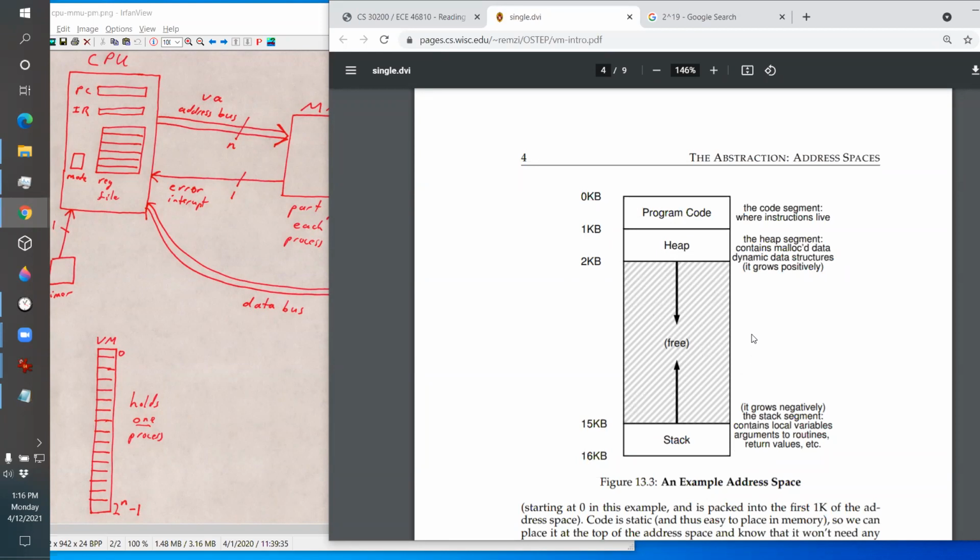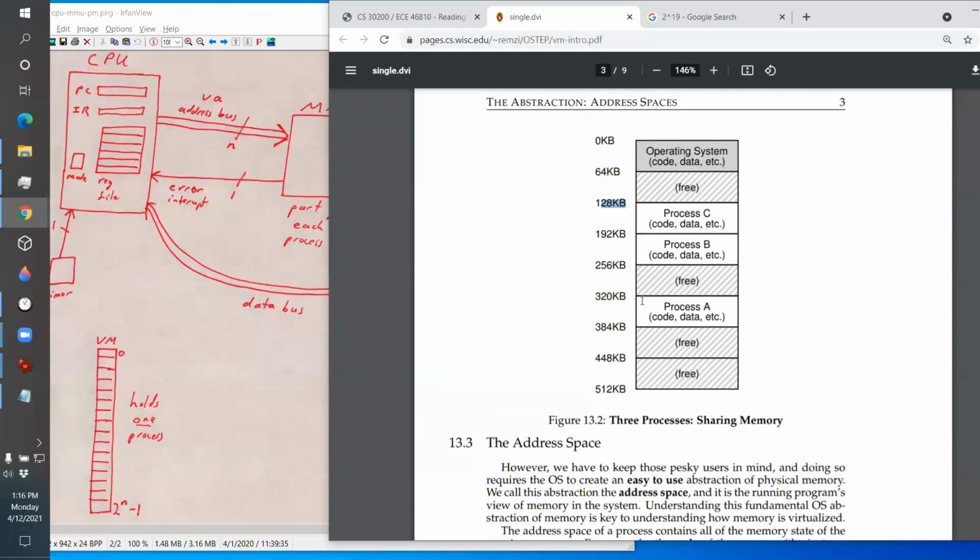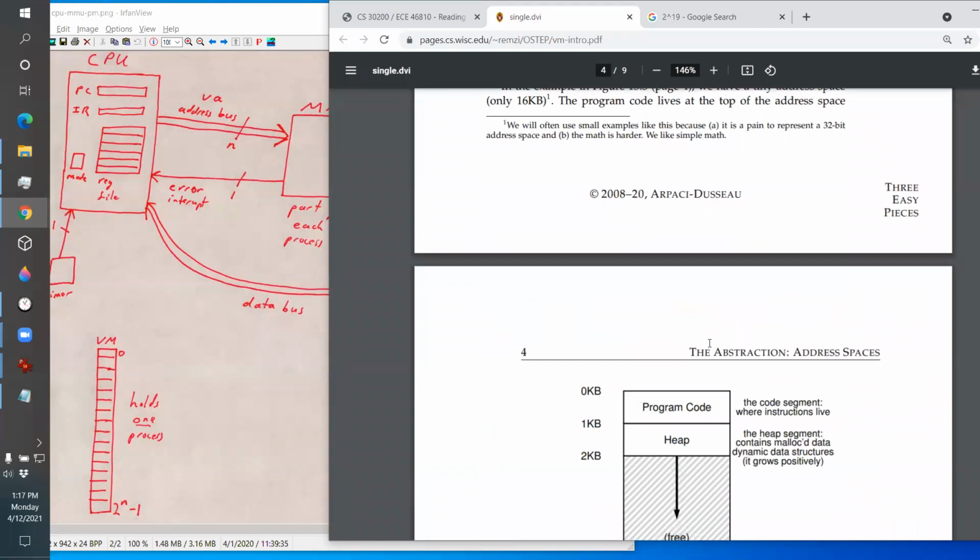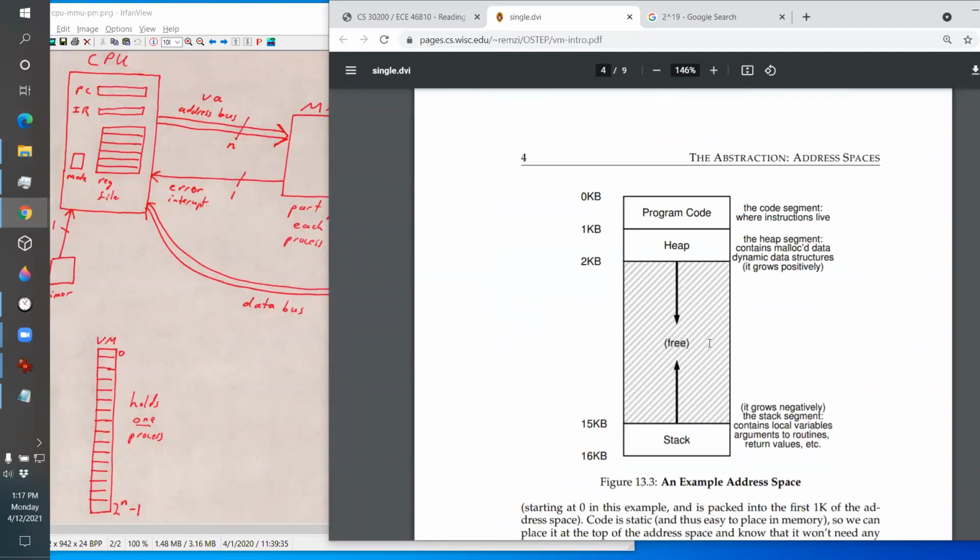So this is not what's inside of here these days. In fact, we're going to see that everything is going to be much more complicated than this. This is a starting point. It gives us something to think about, and we just keep making things more and more complicated as we go along until we hit what essentially is the modern operating system way of doing virtual memory.